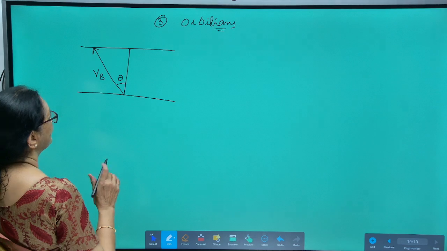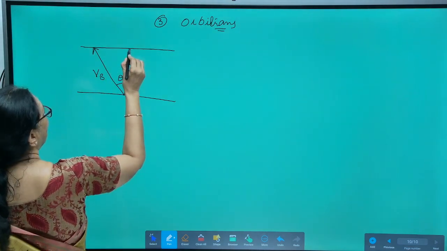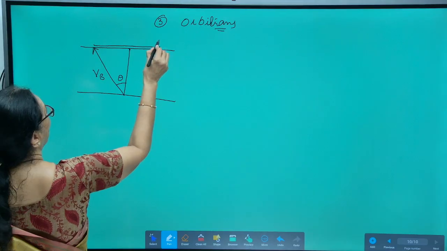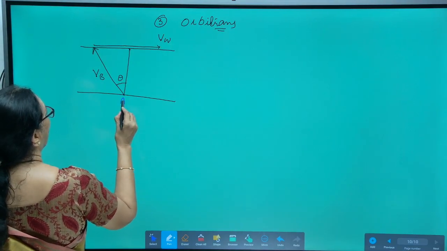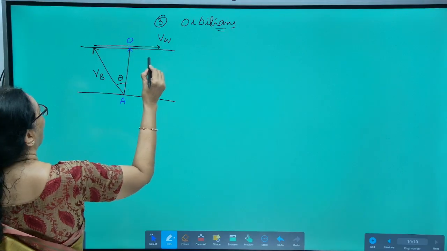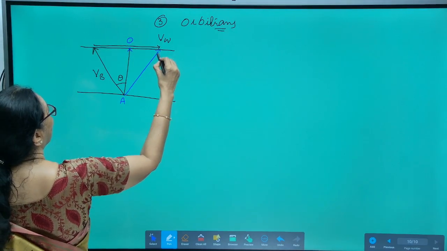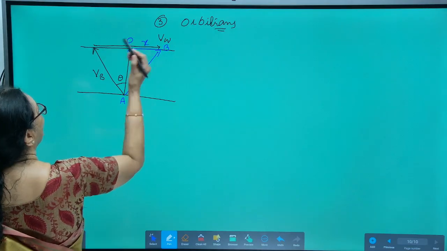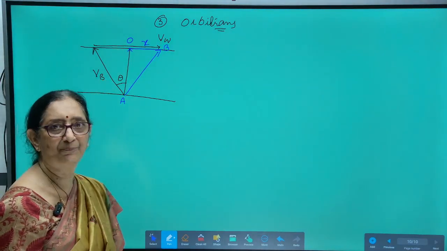Suppose water is flowing with higher velocity than he expected, instead of reaching exactly the same point, suppose this represents the water velocity. So, this is the starting point and this is exactly the opposite bank, but finally, because of that water velocity, he reaches this point B. This OB is called the drift of the boat from exactly the opposite point.